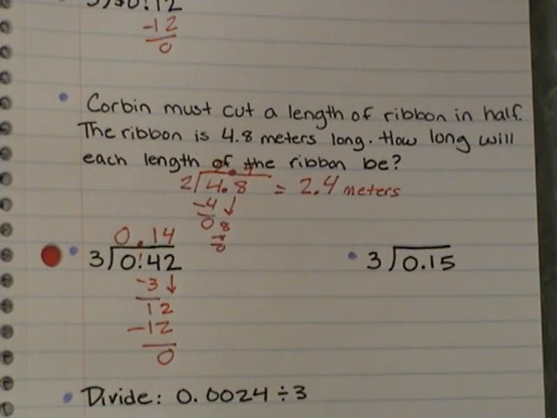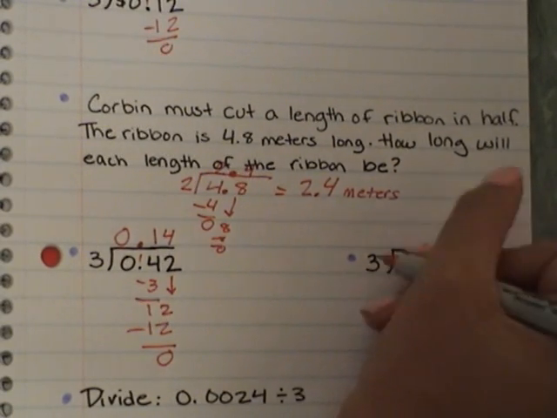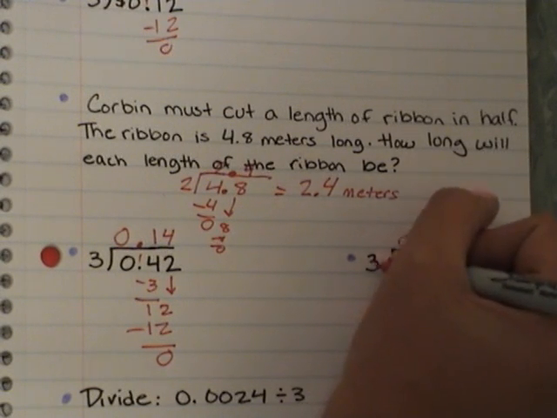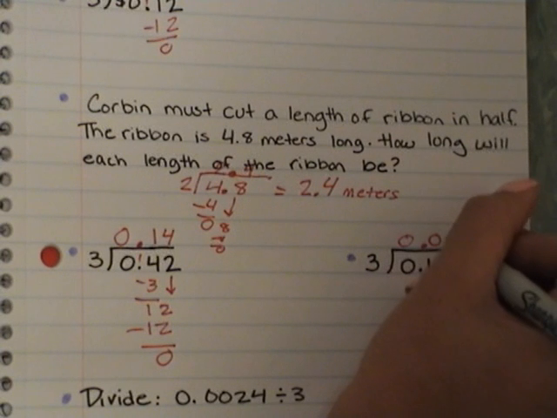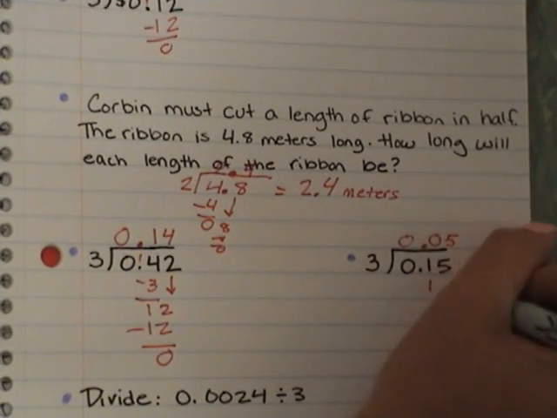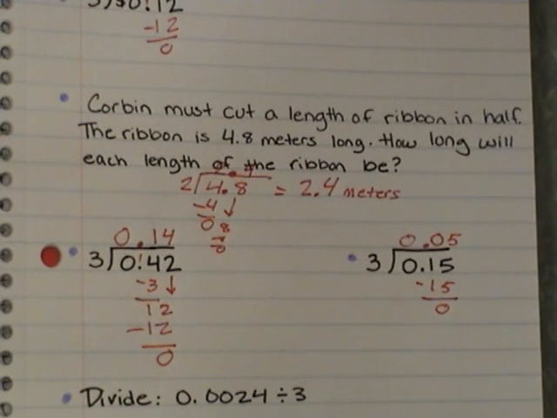And the next one, I'm going to raise my decimal point. 3 goes into 1, 0 times. 3 goes into 15, 5 times. 5 times 3, 15, minus 0. And that's how we did both of those.